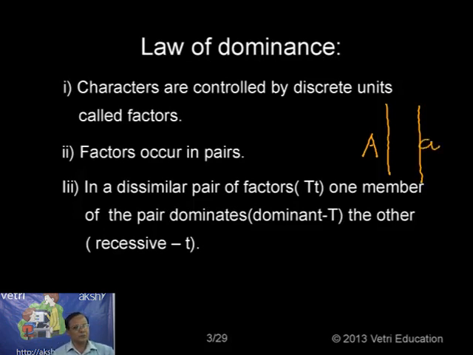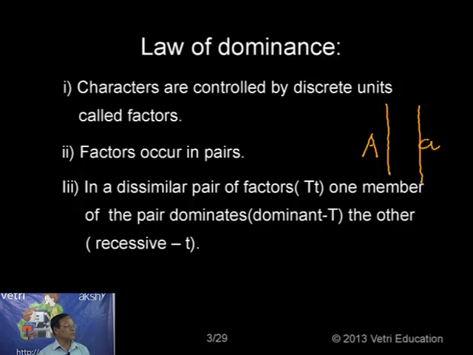These two are the alleles controlling a particular character, and when both are present they are called a dissimilar pair of alleles. In this case, one factor is dominant over the other. For example, the factor E is always dominant over the small e, which is considered the recessive factor.